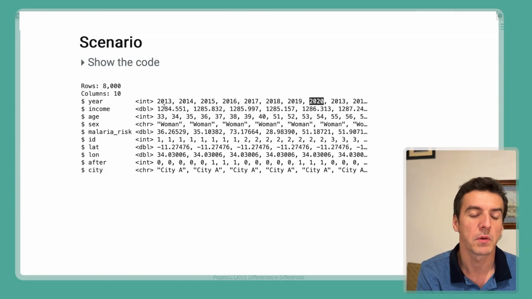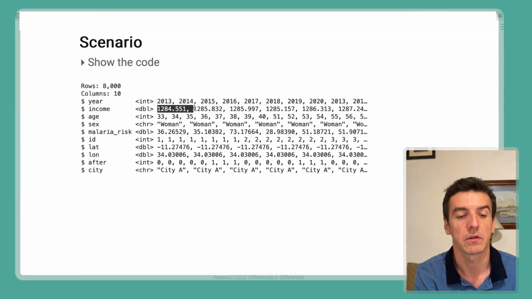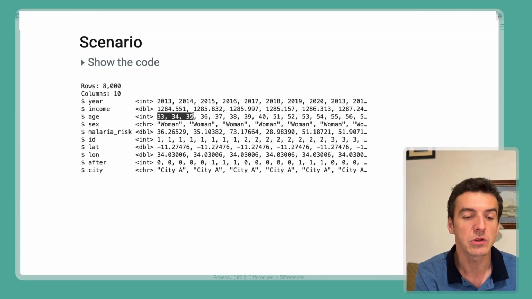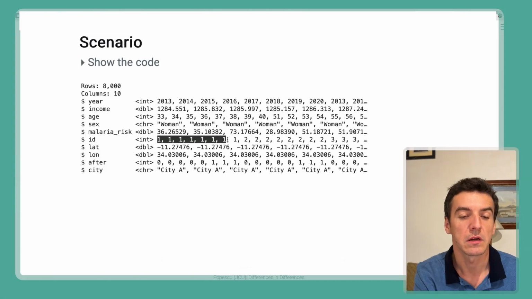We have a bunch of variables that reflect people's level of income. We have their age, we have their gender, we have a number that reflects risk of malaria. We have some IDs. Notice here that this represents an individual identification for every unit.